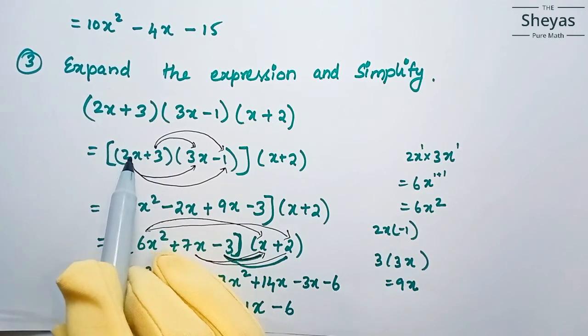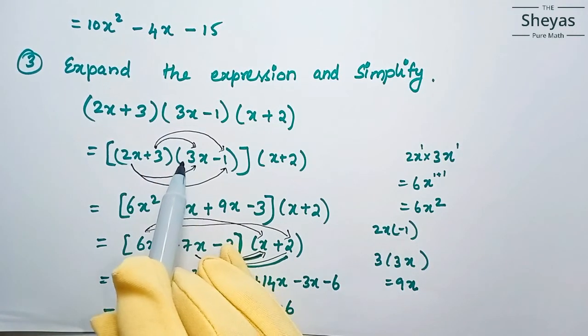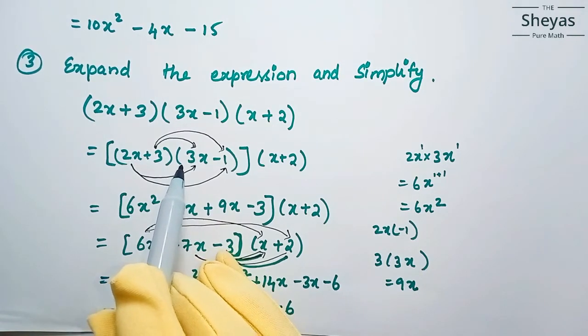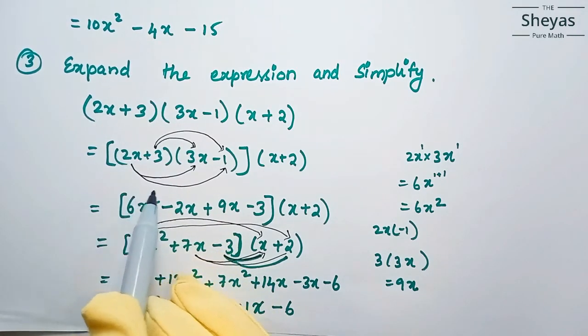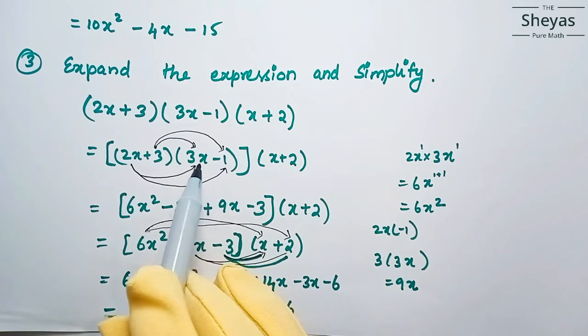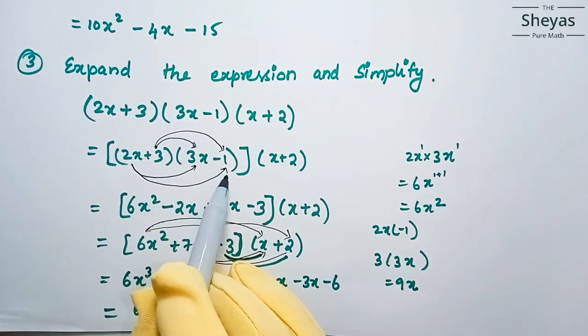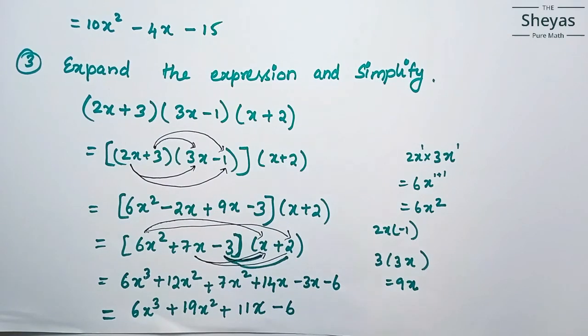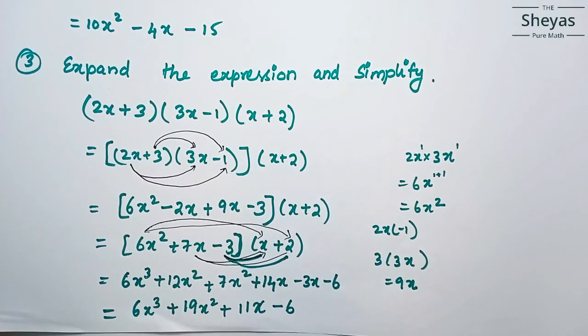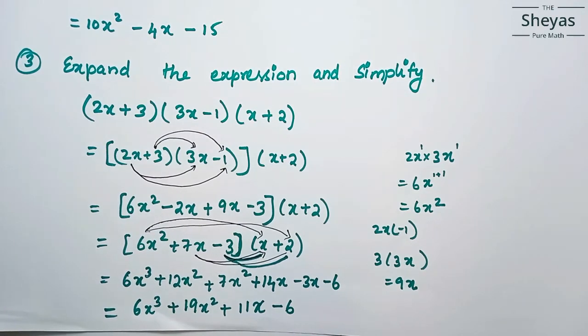First term with the first term of the next expression, then first term with the second term of the next expression, then second term with the first term, then second term with the second term. Like that you do it in an order. Okay. So this is the required answer: 6x cube plus 19x square plus 11x minus 6.